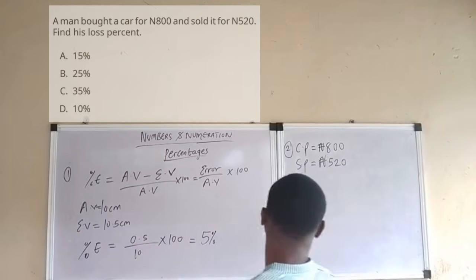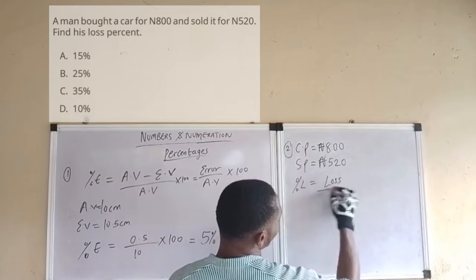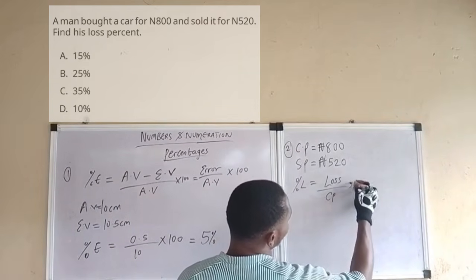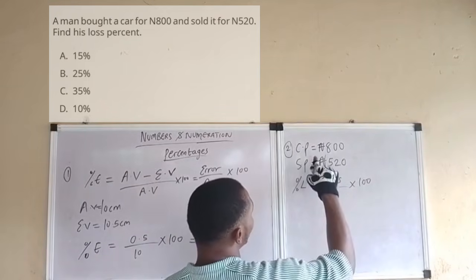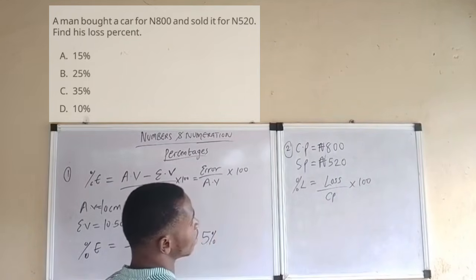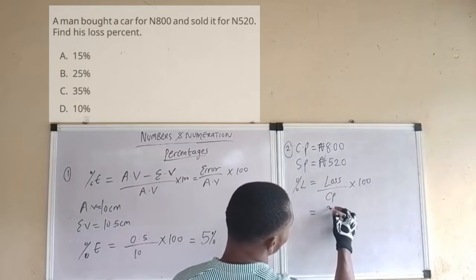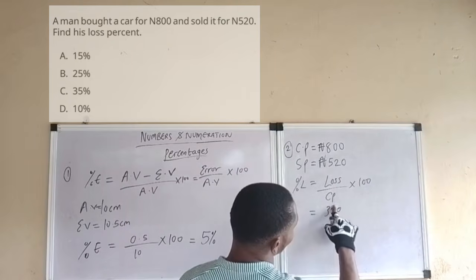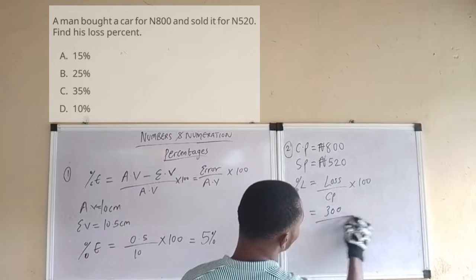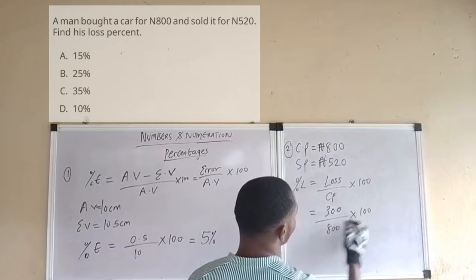So how do we solve this? To get percentage loss, the formula is loss over cost price times 100. So loss is the difference between the selling price and the cost price. All right. So the loss is what? 300 naira. 300 over 800 times 100.